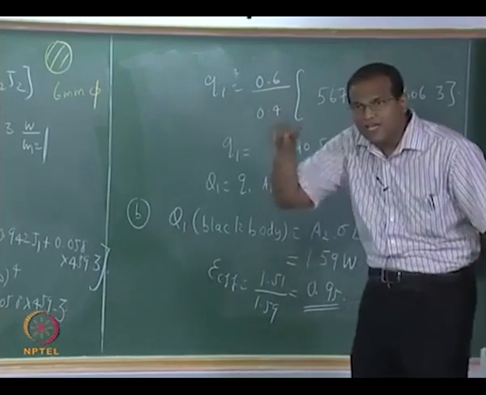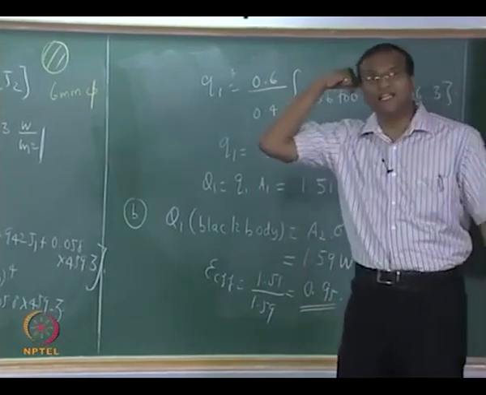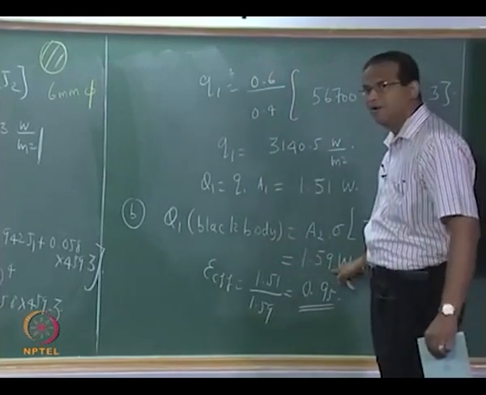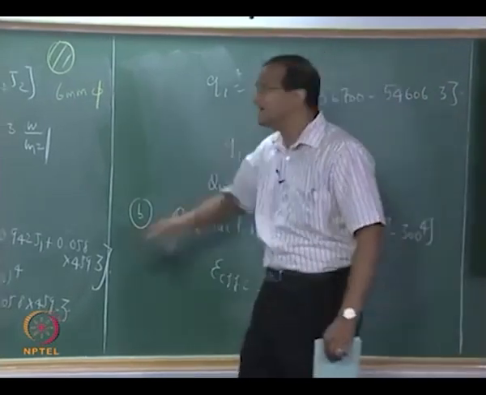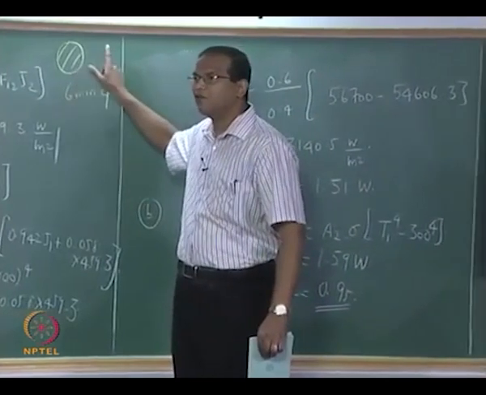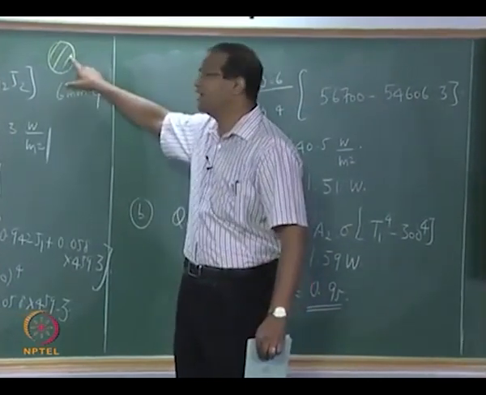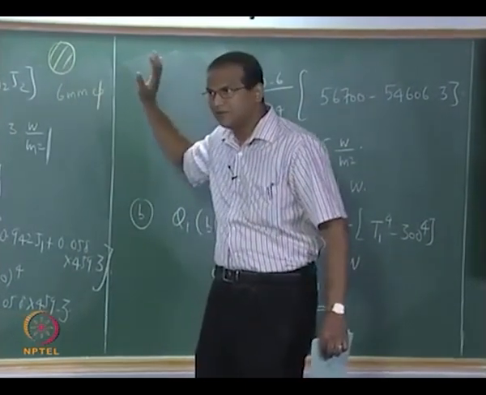So, if I keep on increasing the depth further, it is possible for me to reach the asymptotic limit of 1.59, but never will I be able to exceed sigma into T to the power of 4 minus T infinity to the power of 4 into pi d square by 4. Okay.